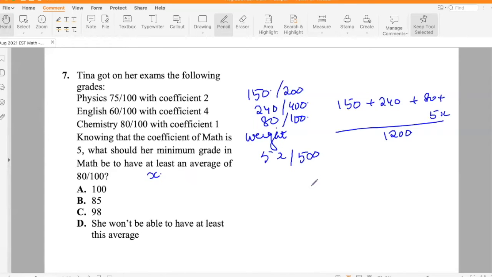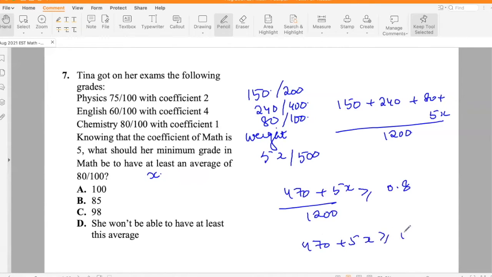So let's say 240 plus 80 is 320, 320, 420, 470, 470 plus 5x out of 1200 should be greater than equal to 0.8, right? 80 on 100. So 470 plus 5x should be greater than 1200 into 0.8.